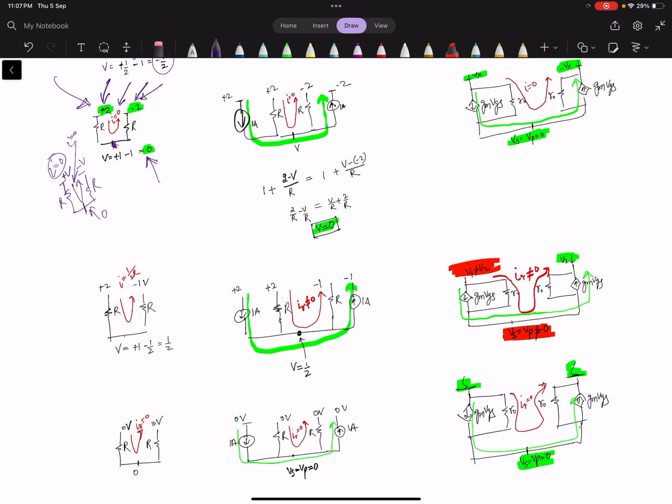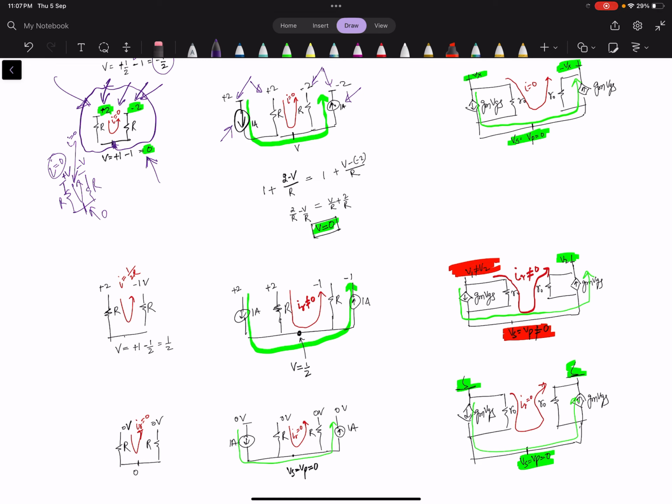Now let's go, and if we add one more from this figure, if you add one current source here and here, and the magnitude is the same, just the direction is opposite, and the potential is kept the same, plus 2 here and minus 2 here.